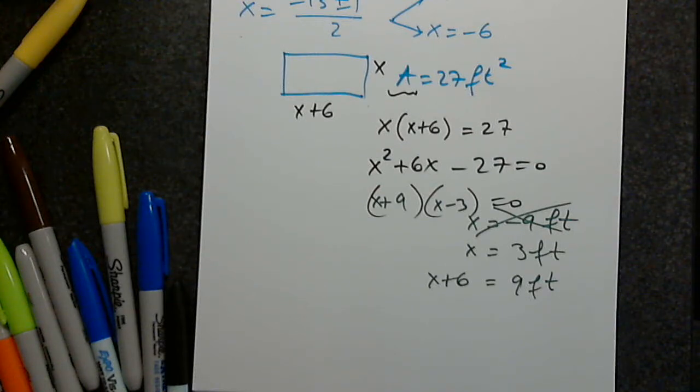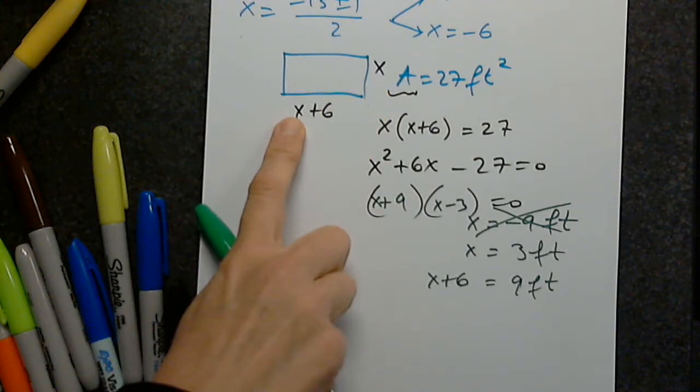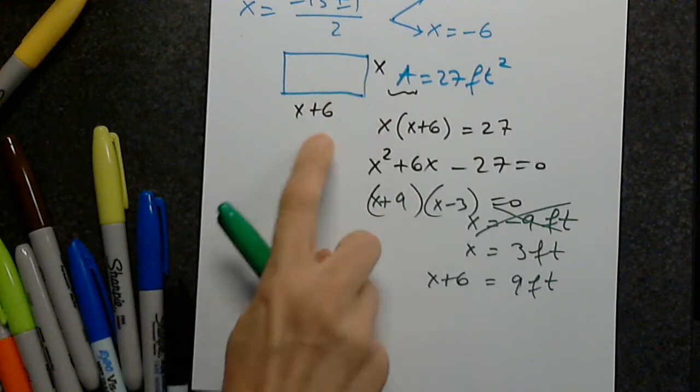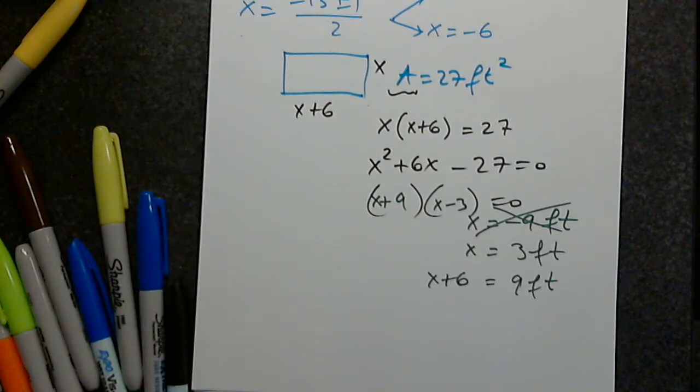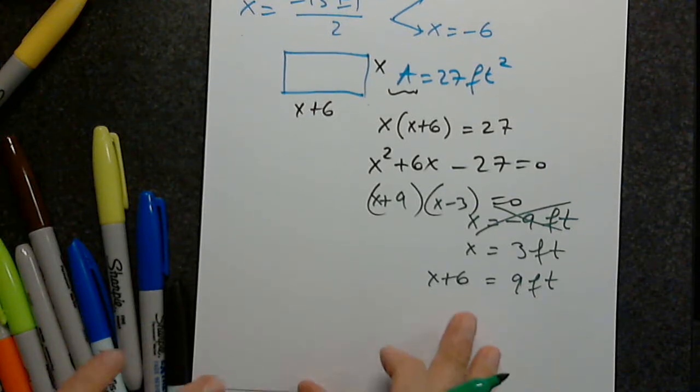If I have X, what do I have? I have X plus 6. So if the width is X and this is 6 feet longer, then this is X and this is X plus 6. Better? Perfect. Moving on to the next question.